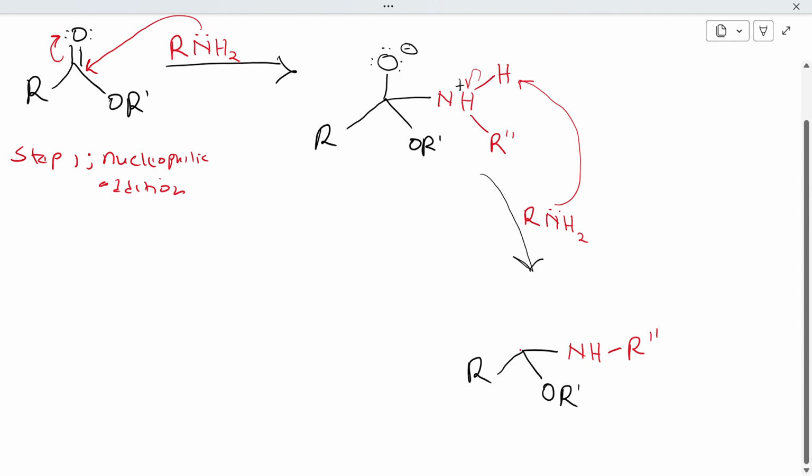Then I'm having oxygen with its 3 lone pairs of electrons and a negative charge.